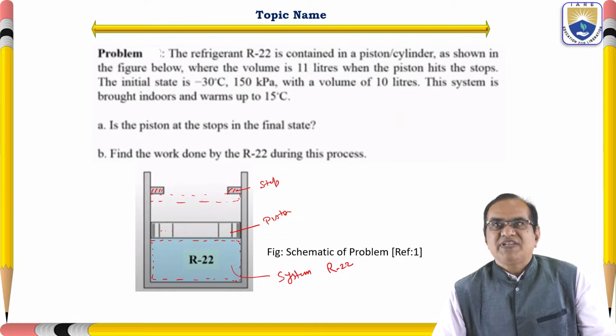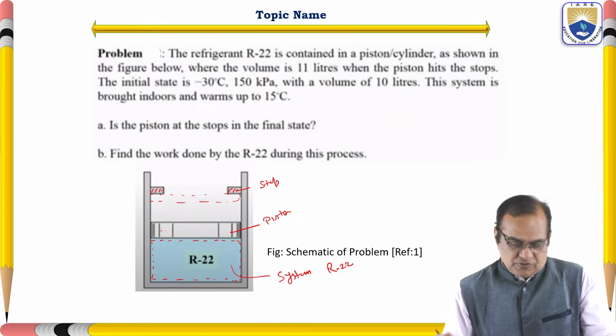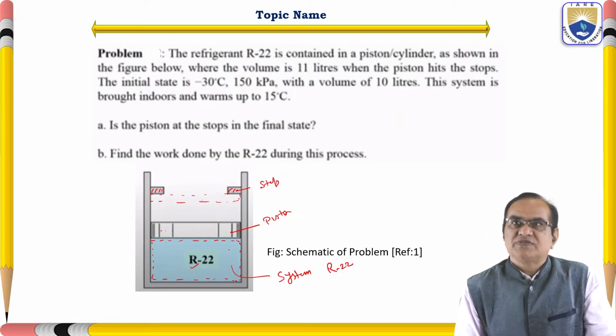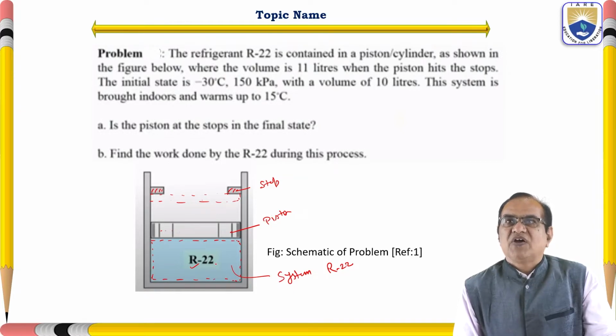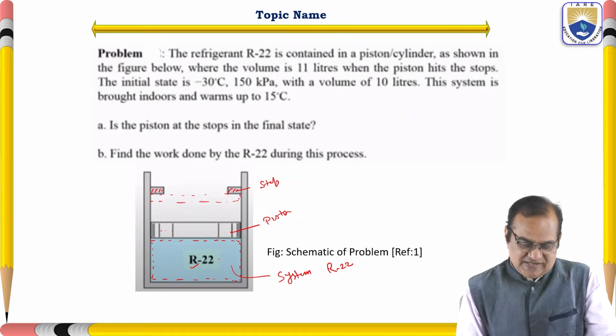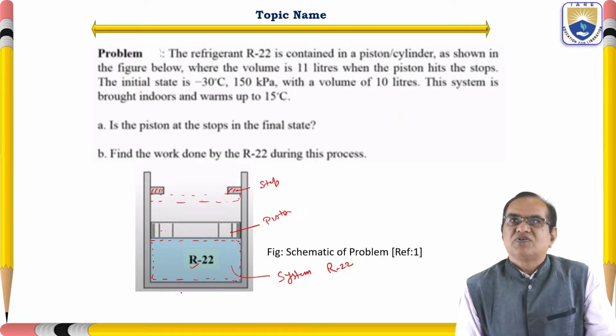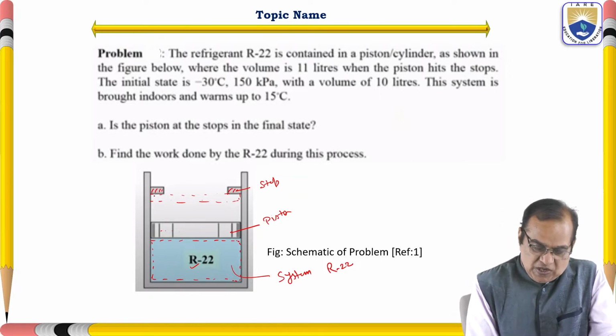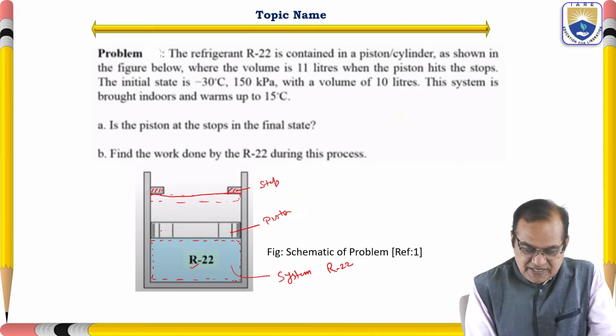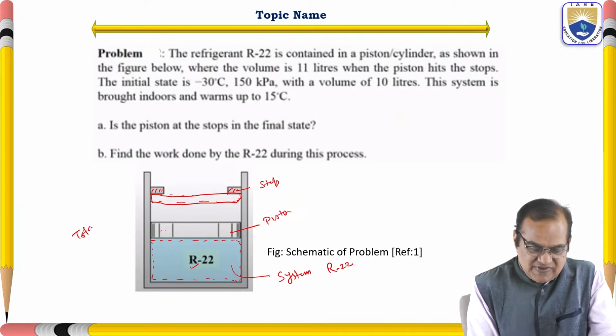So here the refrigerant R22 is contained in a piston cylinder as shown in the figure below, where the volume is 11 liters when the piston hits the stop. So when the piston is here, the total volume is given as 11 liters.